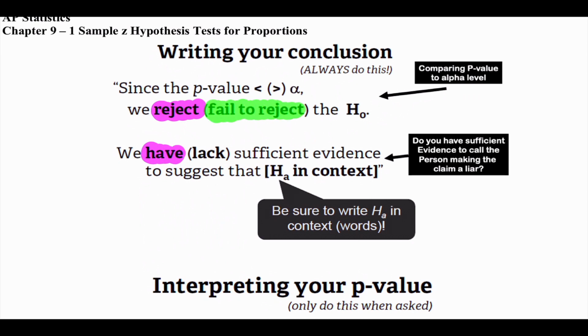If we fail to reject, we always lack evidence. Reject means you're wrong. If I call you a liar, I have to have enough evidence. If I fail to reject, that's like saying, you know what? I have some evidence, but it's not enough to call you a liar. So that means we lack evidence. Okay, so reject and have go together. Fail to reject and lack go together. Okay.